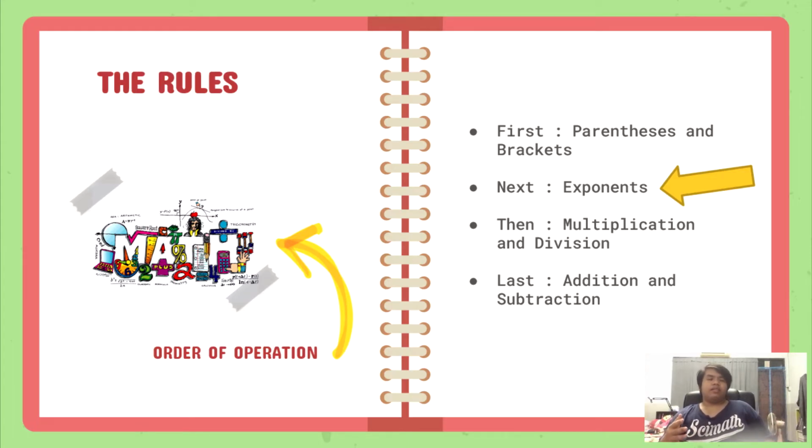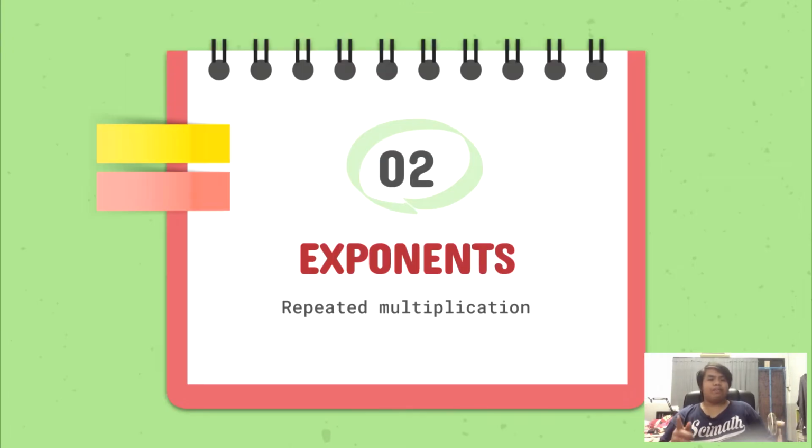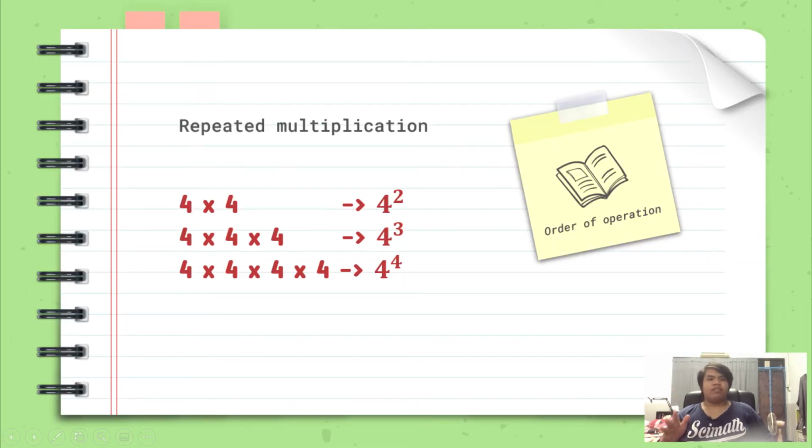Let's take a closer look at the second rule. The next thing we do is exponents. Now, if you have not seen exponents before, they are just a way of writing repeated multiplication. For example, the repeated multiplication 4 times 4 can be written in a shorter form as 4 multiplied twice.